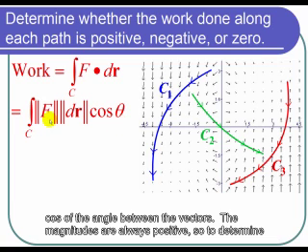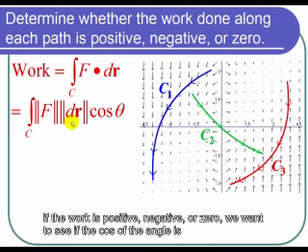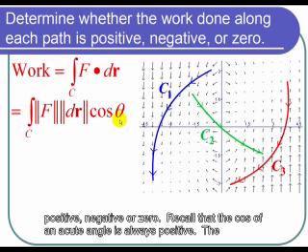The magnitudes are always positive. So to determine if the work is positive, negative, or zero, we want to see if the cosine of the angle is positive, negative, or zero.